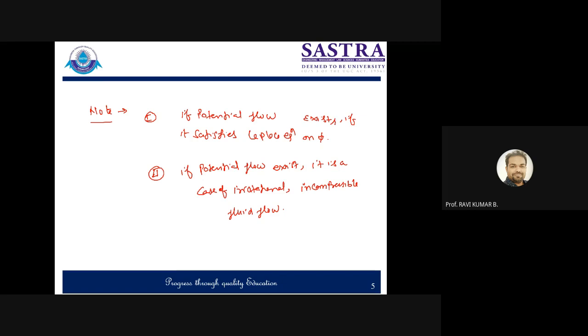Flow exists, then it satisfies the Laplace equation of phi. This is a mandatory condition, and this is the property of potential flow, that it will always be an irrotational flow. So this is the one thing.